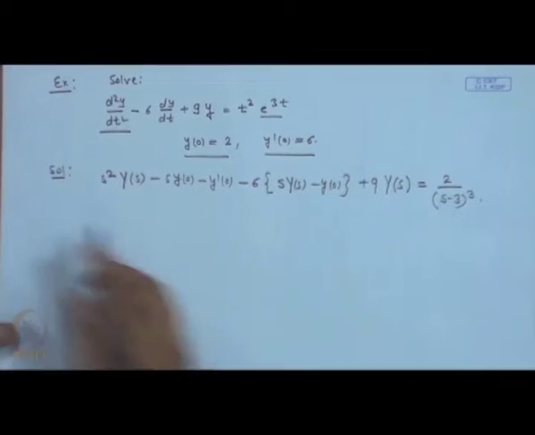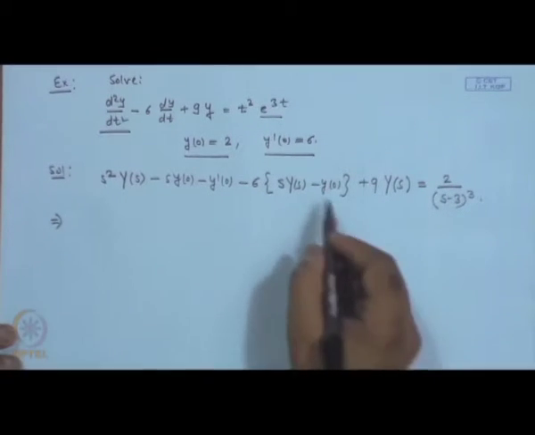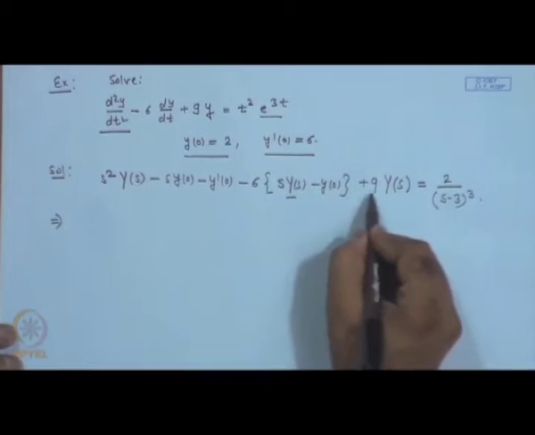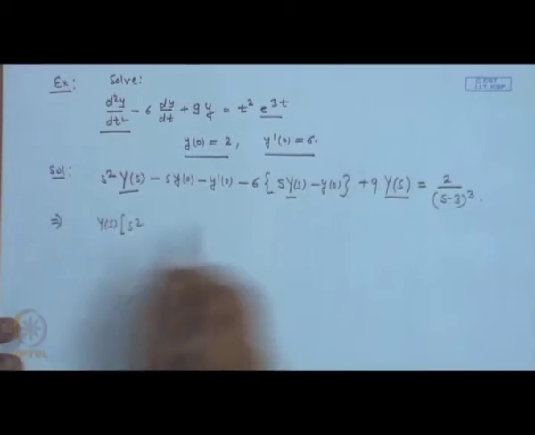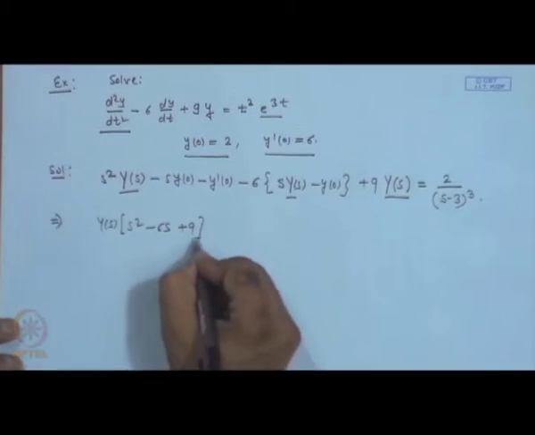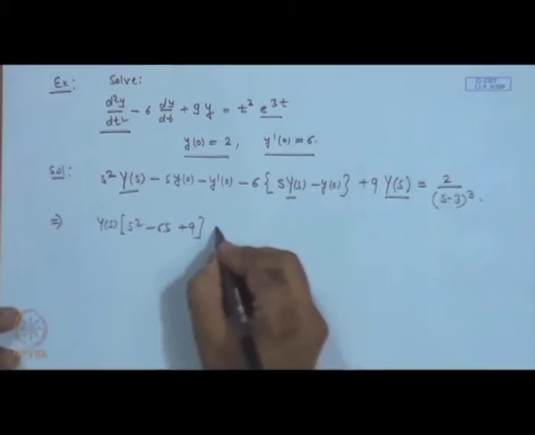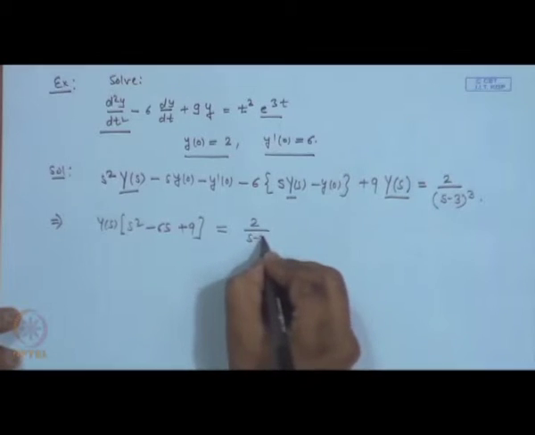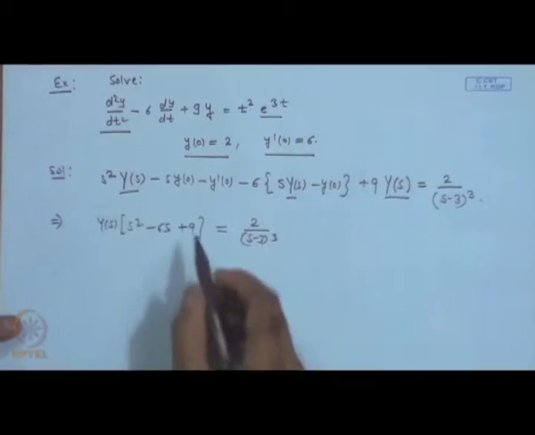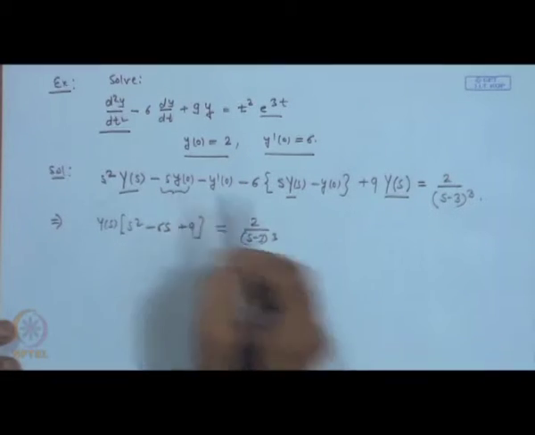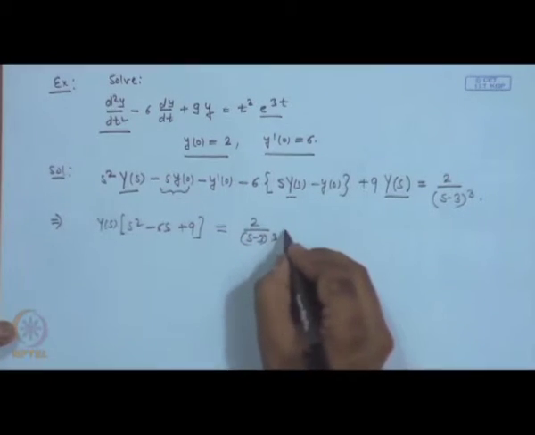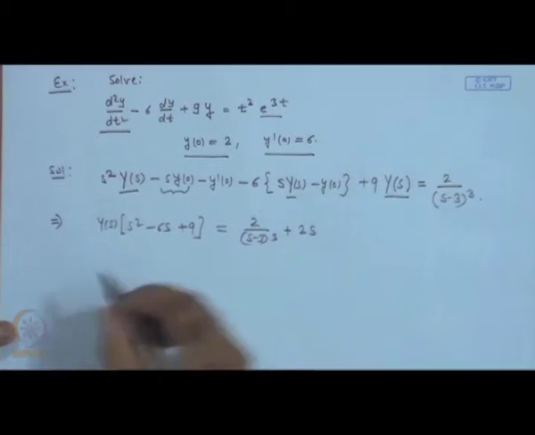Now we collect the terms of Y(s). What we have is (s square minus 6 s plus 9) Y(s). On the right hand side we have 2 over (s minus 3) cube. Here y(0) is 2, so this 2 s will go to the right side to give us 2 s.